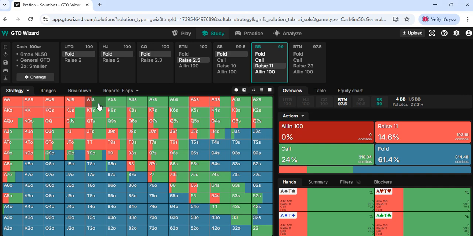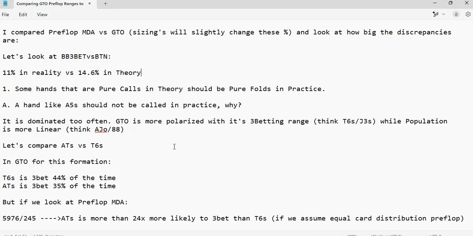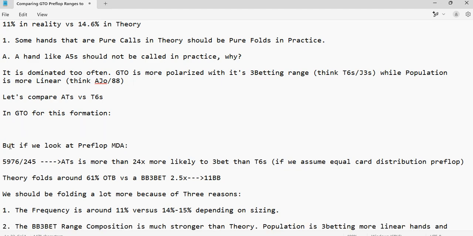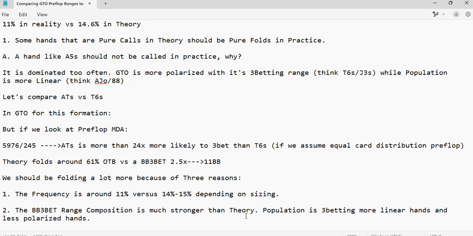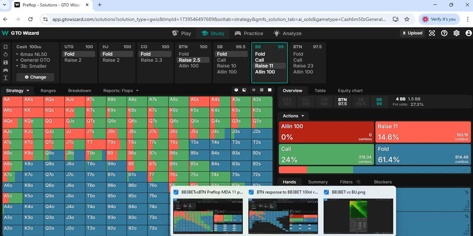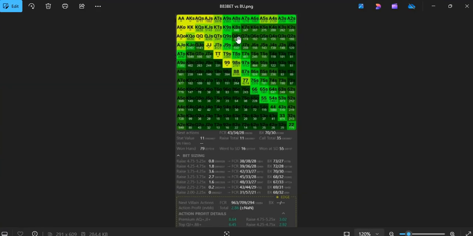We see Ace 10 suited is going to be 3-bet around 29.5% of the time, and 10-6 is 47.5%. Now, disregard this actually. But the point is that hands like 10-6 suited are not going to be in a realistic 3-bet range as often as Ace 10 suited, because we can look at range composition.